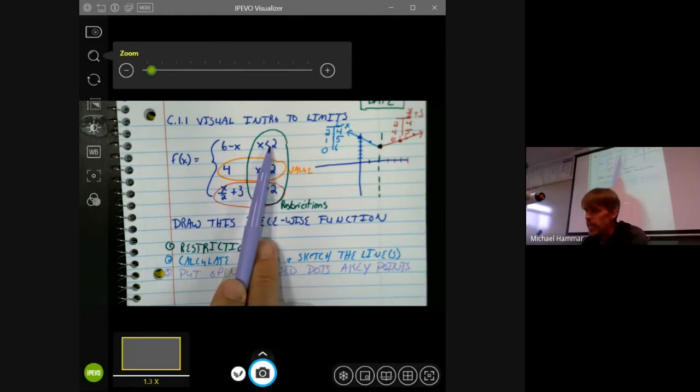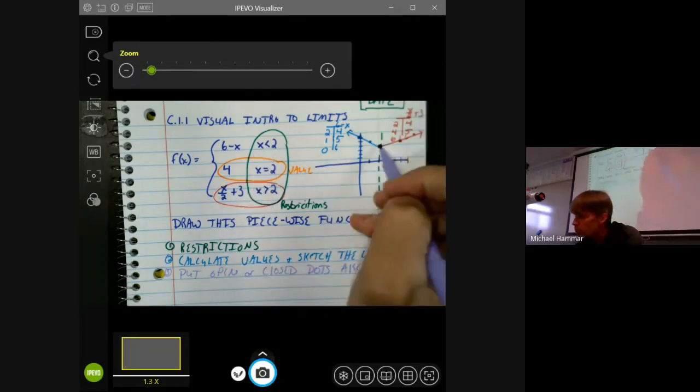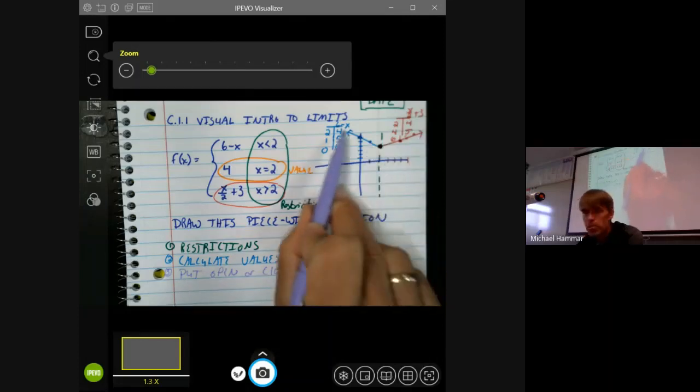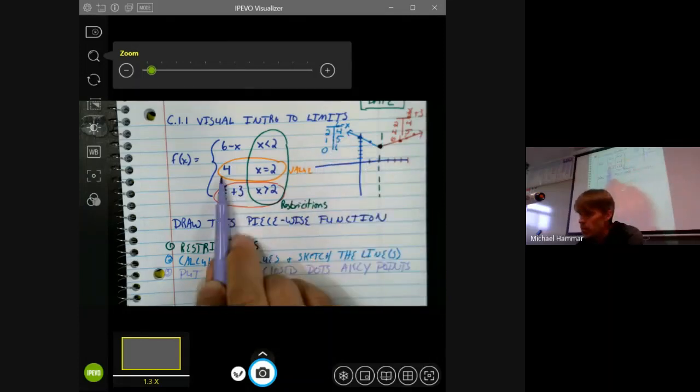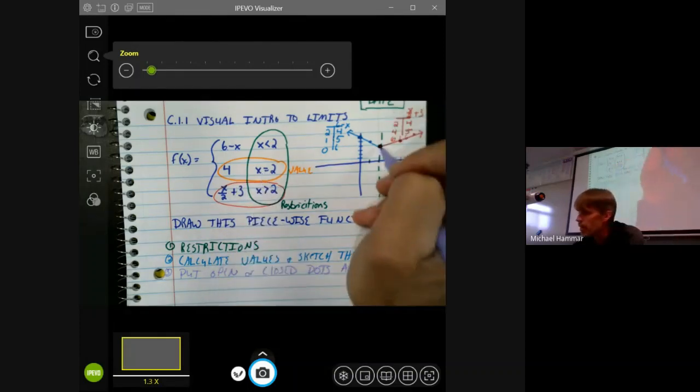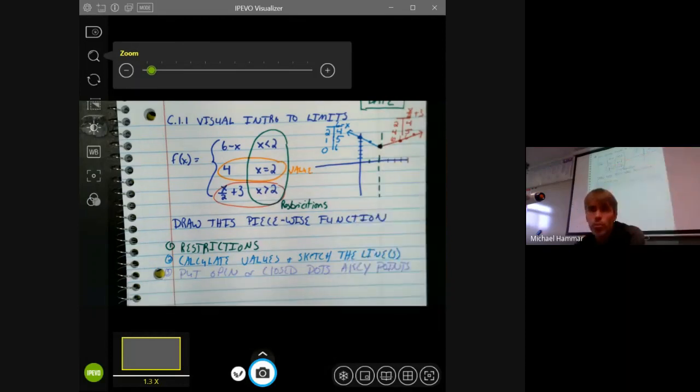If it's less than, that means at 2, the dot needs to be an open dot, okay? So it should be an open dot here, but there is something that happens. Notice that all of these meet at the same spot, okay? So this one says x equals 2 is the value of 4. Equals means to close the dot. So because all 3 of them meet here, I have to have a closed dot at 4, okay?